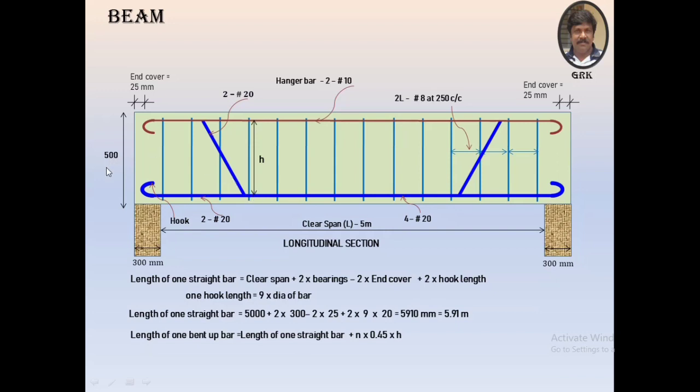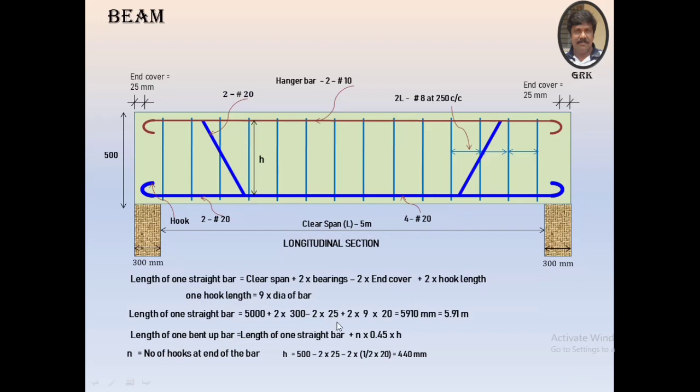That is nothing but h equal to 500 minus the top cover minus half of the top reinforcement minus the bottom clear cover minus half of the bottom reinforcement. You can find it here. So now here the number of hooks at the end bars will be 2.